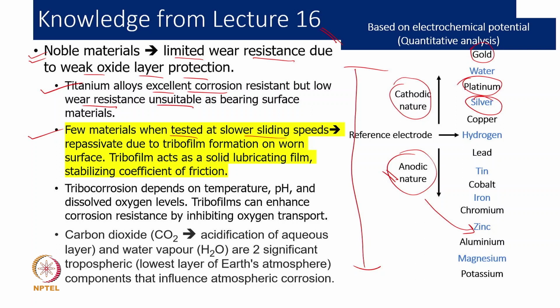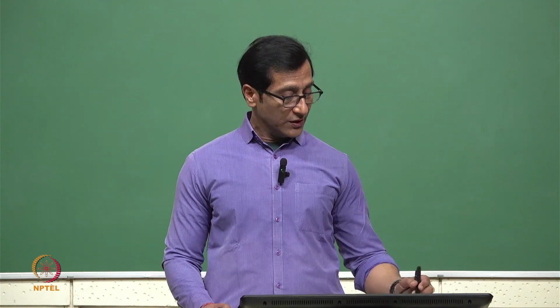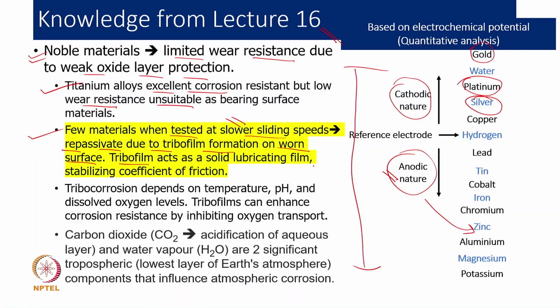Performance will be different. At lesser sliding speed, the wear rate is lesser and reformation of the oxide layer is possible, so passivation will occur. That's why we say repassivation due to tribofilm formation on the worn surface. There is sufficient time to reform the tribo surface on the worn surface, and that is helpful. Often the tribofilm acts as a solid lubrication film and also stabilizes the coefficient of friction.